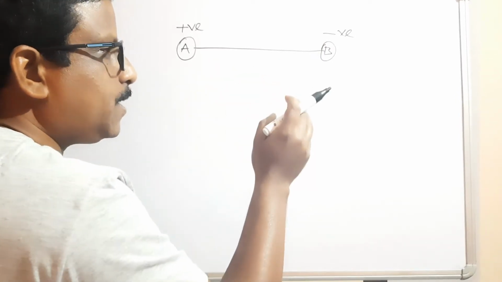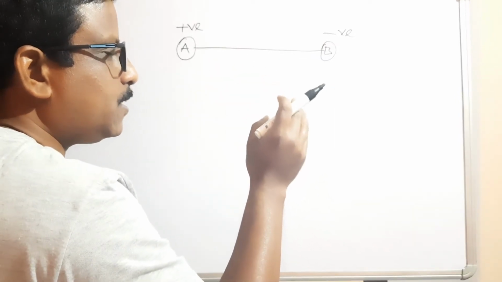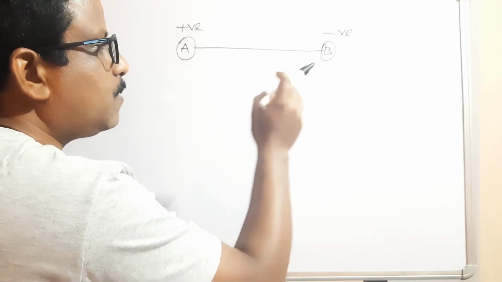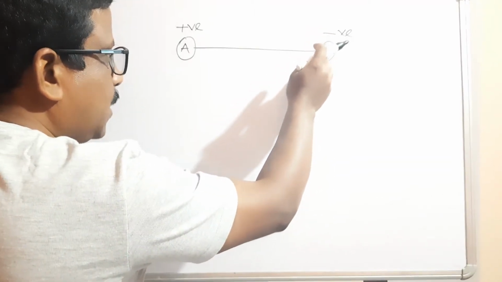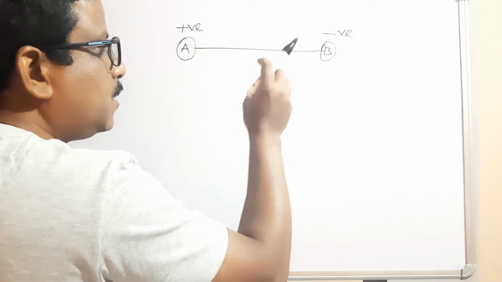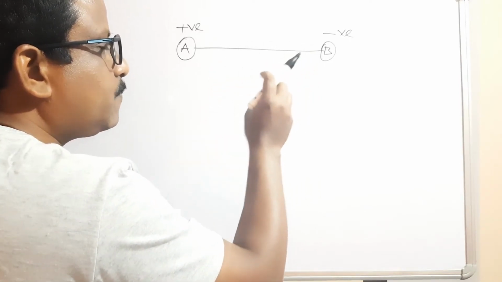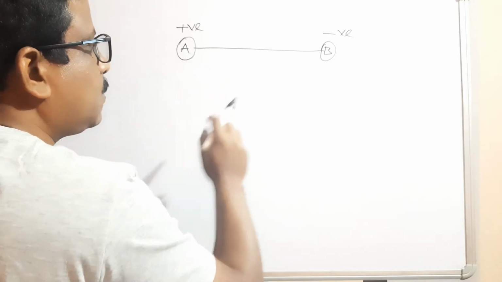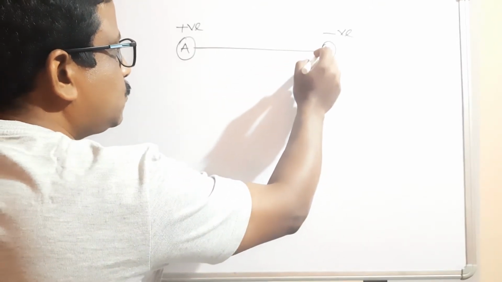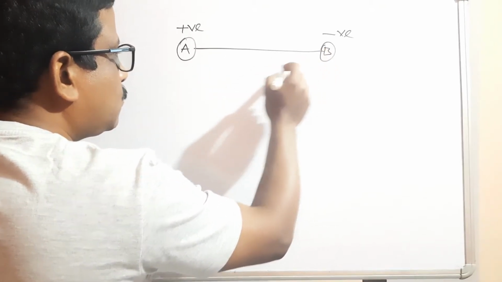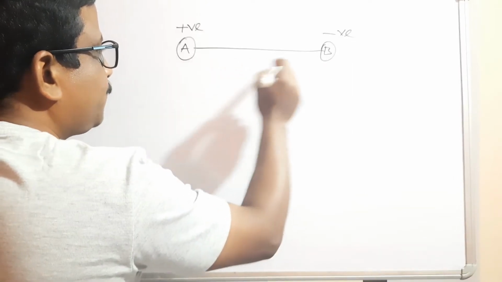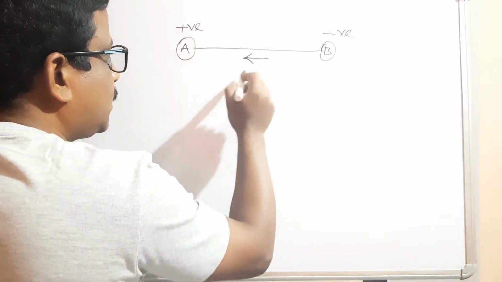After that I will explain the potential difference. Everything in this universe flows from higher to lower, like water flows from a higher level to a lower level. Like this, electrons also flow from more electrons to fewer electrons, in this direction.